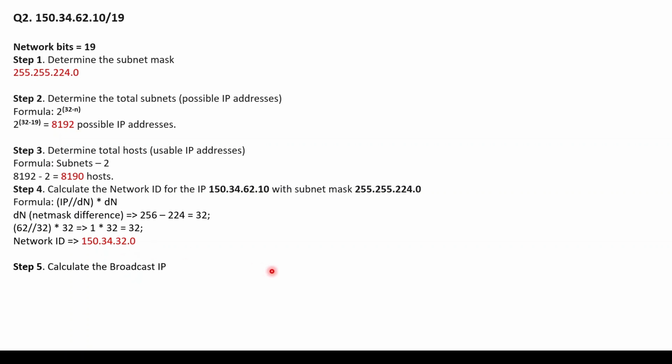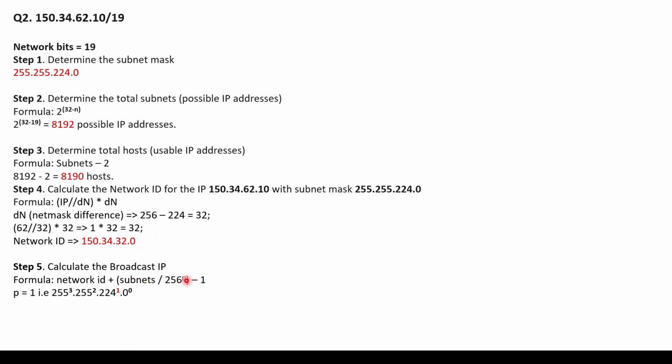Now, to calculate the broadcast IP, we use the formula: network ID plus, in brackets, subnets divided by 256 raised to the power of p, minus 1. Remember, what is our network ID that we calculated? We just calculated 32, so we substitute that into the formula.